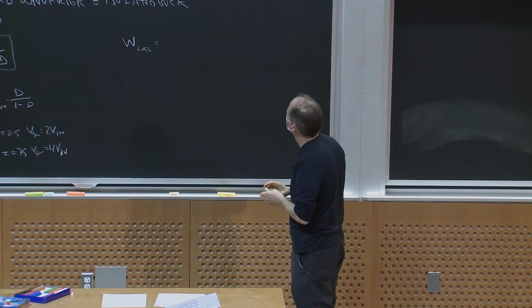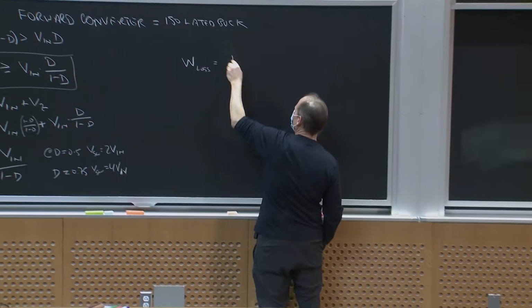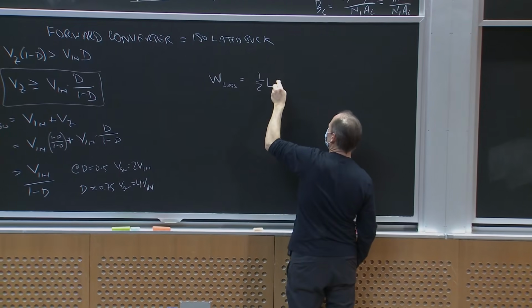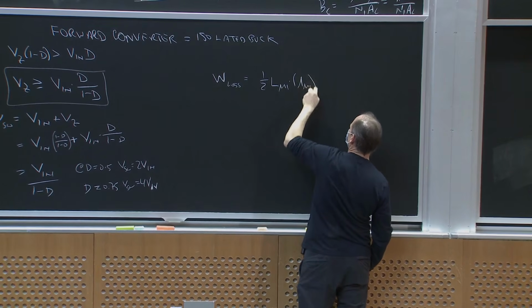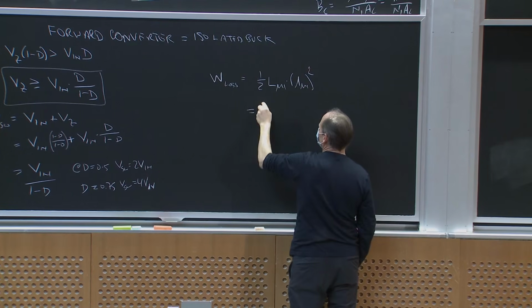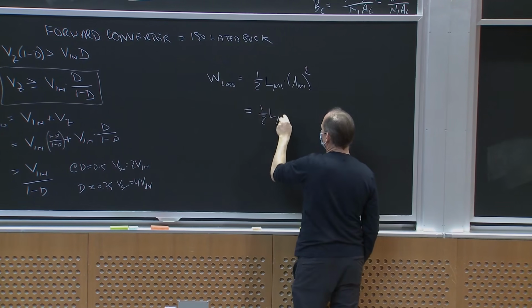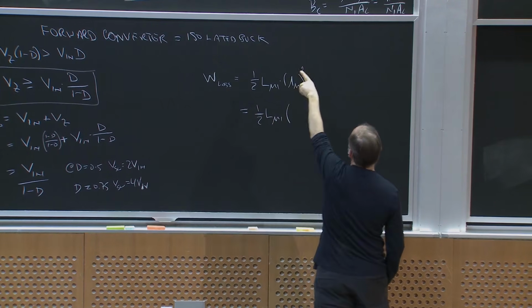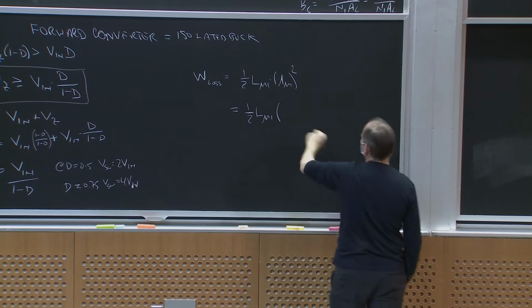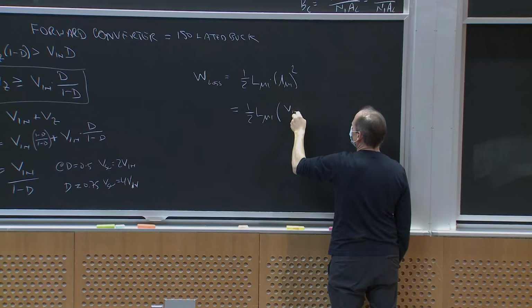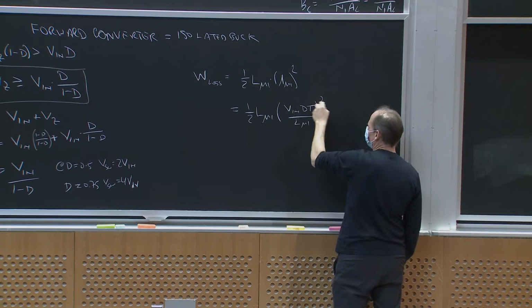flux density? Well, that would be 1/2 L mu 1 times I mu 1 quantity squared. Okay, so that would be 1/2 L mu 1. What's I mu 1? I wrote it up there. That's going to be V in dt over L mu 1, squared.